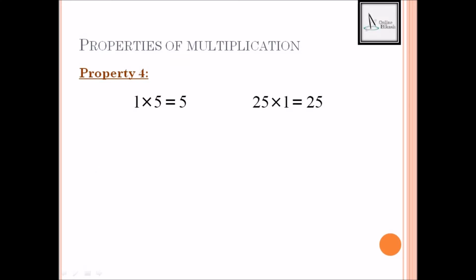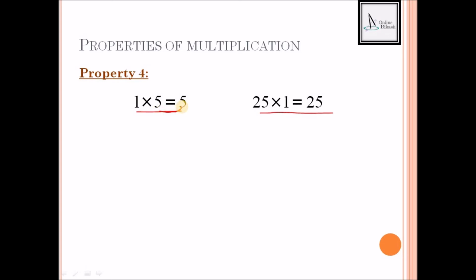Now, property 4 of multiplication. In this property, you can say 1 times 5 is 5, and 25 times 1 is 25. In both cases you can see we are getting the same number as the product.